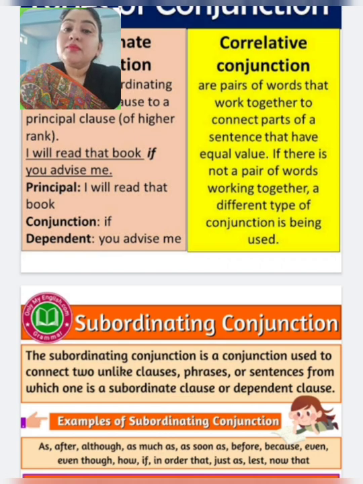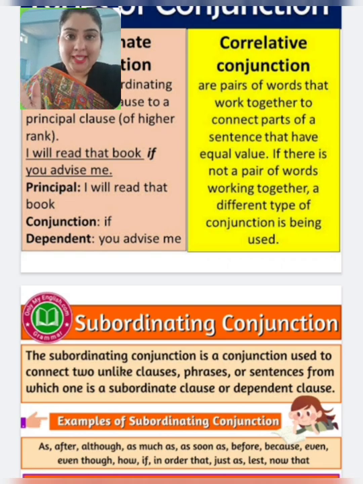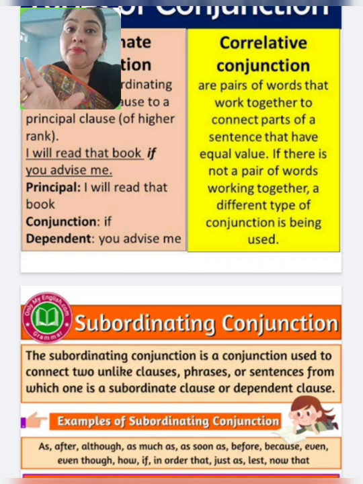Subordinating conjunctions join a subordinate or dependent clause to a principal clause of higher rank. I will read that book if you advise me. So what is the meaning of subordinating conjunction? It means that there are two parts of a sentence, जहाँ पर जो पहला पार्ट होता है it is an independent clause.